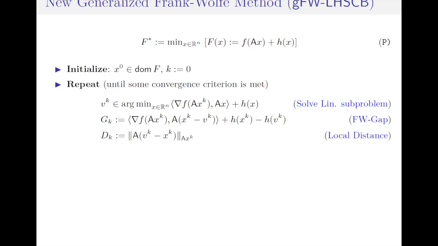After computing the Frank-Wolfe gap, we compute the local norm of v_k minus x_k, which is the difference between these 2 points. x_k is the current iterate, and v_k is the point that we compute. After getting their difference, we do a linear transformation, and then we evaluate the norm of this object at the current iterate x_k.